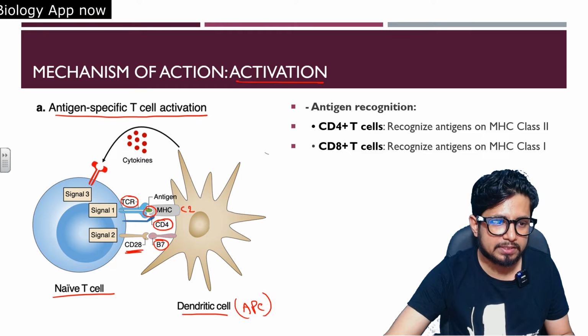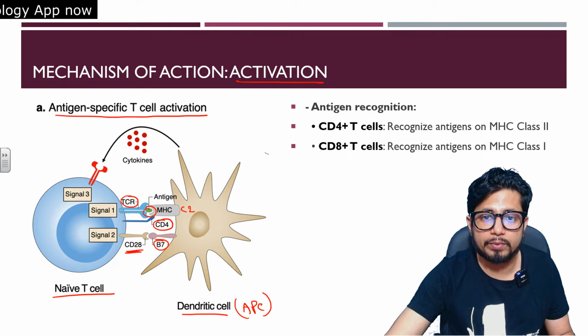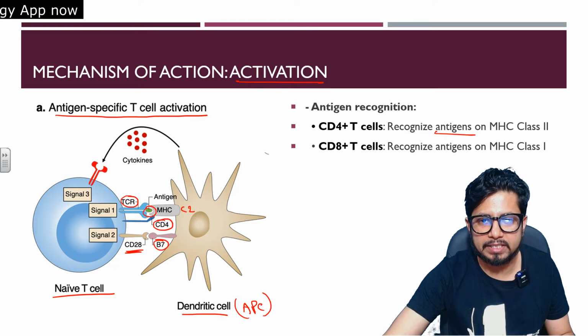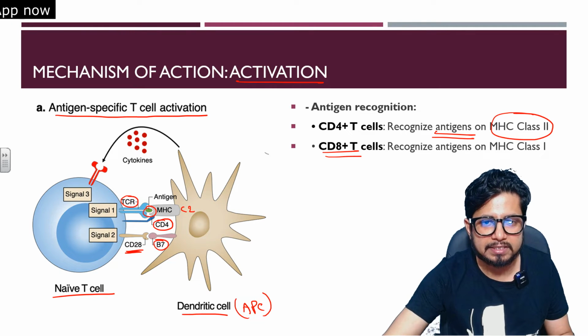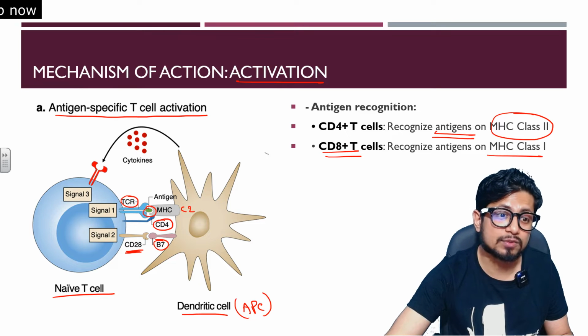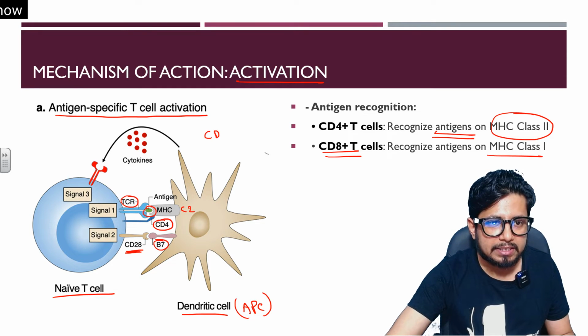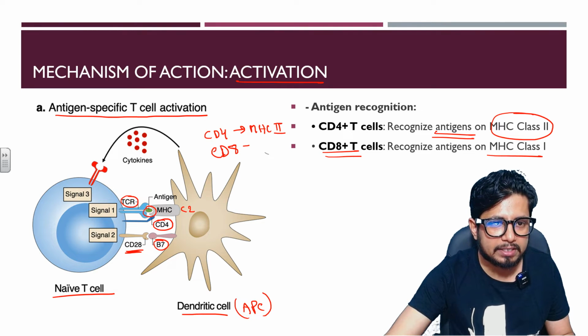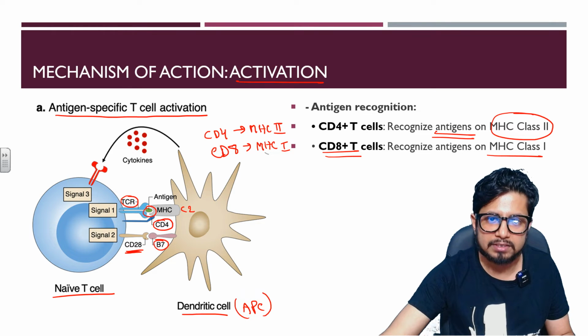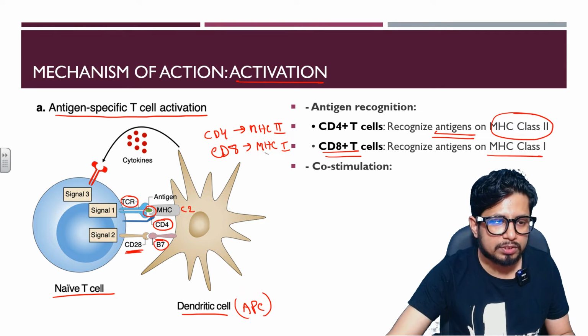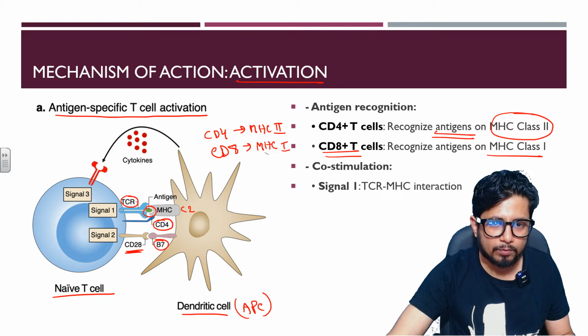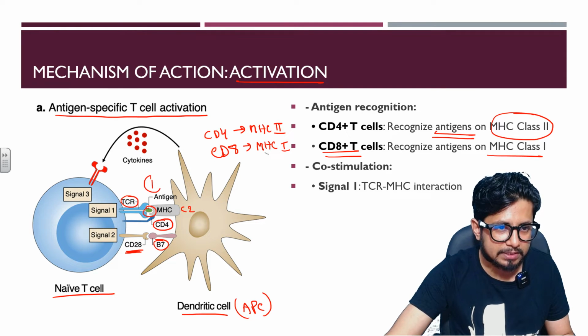CD4 expressed T cells are going to interact with the antigens by MHC class 2, but CD8 plus T cells are going to interact with the MHC class 1 molecule. Remember that CD4 is going to interact with MHC class 2 and CD8 is going to interact with MHC class 1.